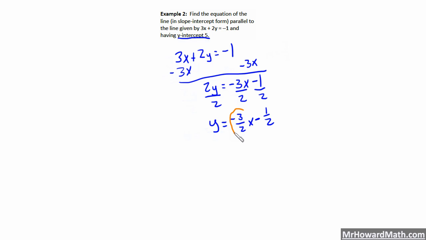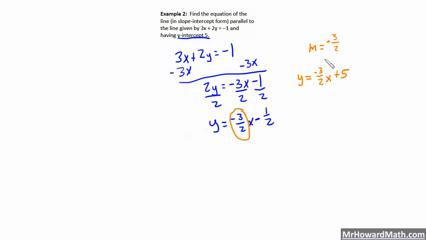Okay, we don't care anything about this minus 1/2, this negative 1/2. We're only concerned with this part right here, our m, our slope, because we need that for the line that we need to write. So our slope is going to match this slope and be negative 3/2. We also already know our y-intercept, so that's going to make our line simply y equals negative 3/2 x plus 5.